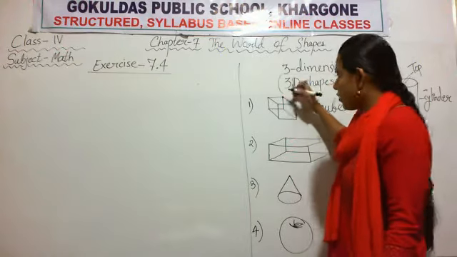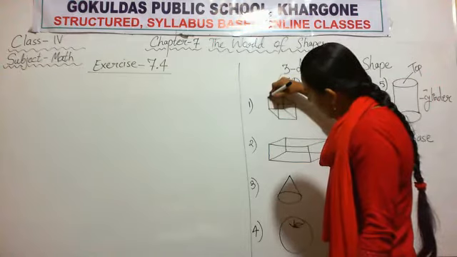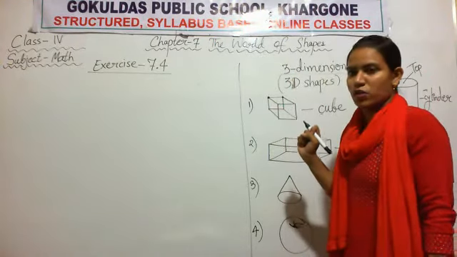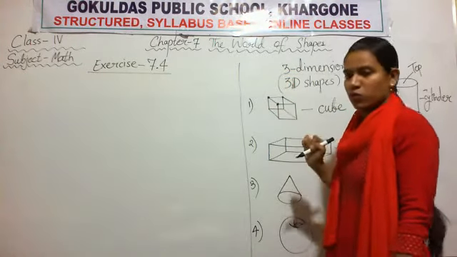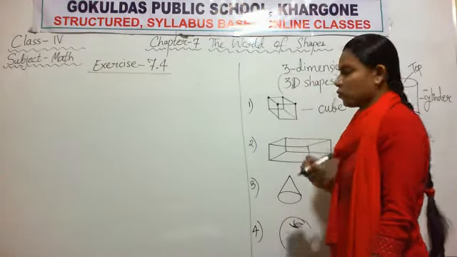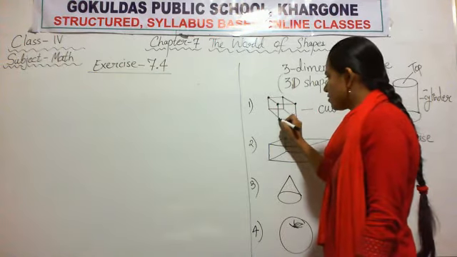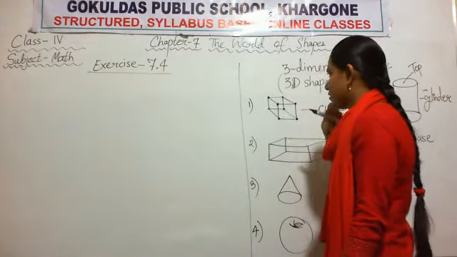It will be called a vertex. So one vertex. This point is also a meeting point. Here 3 lines are meeting, so it is also a vertex. This point is also a vertex, vertex, vertex, meeting point of lines, vertex.